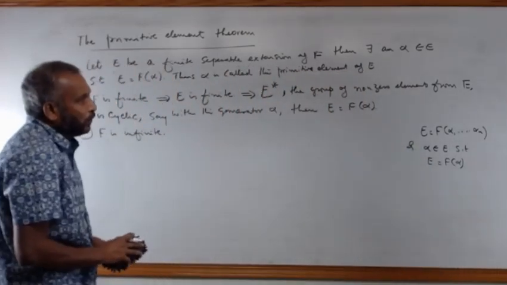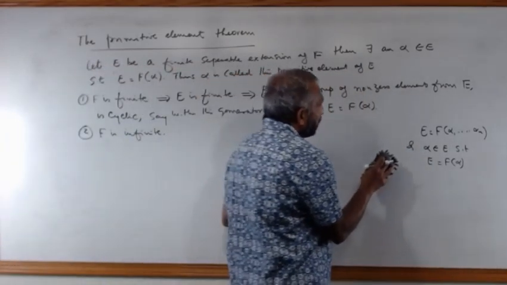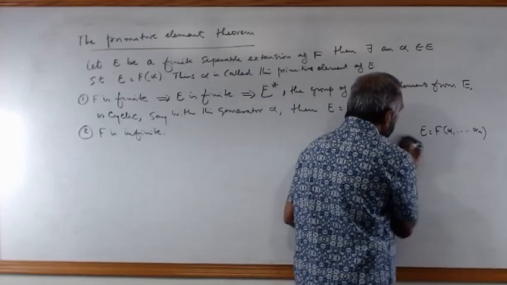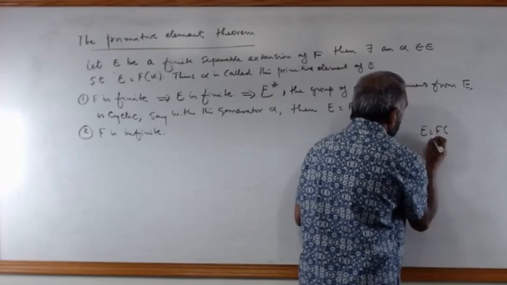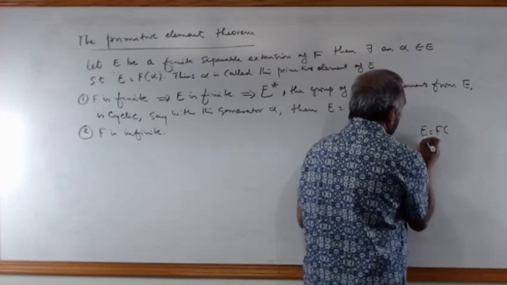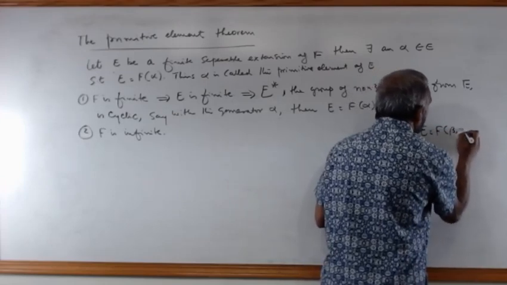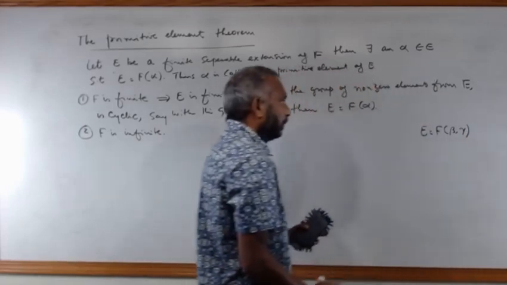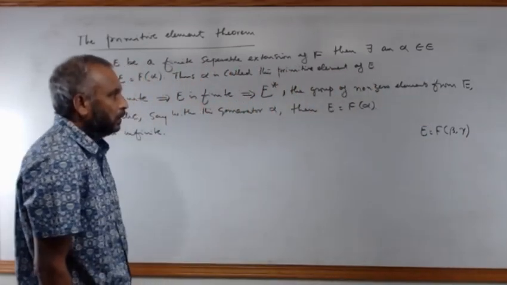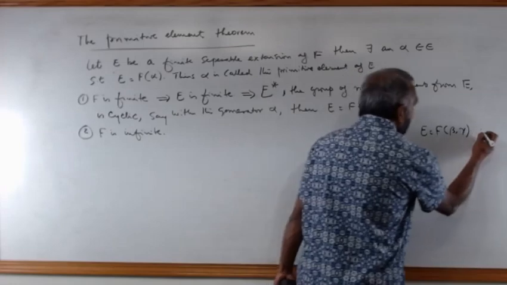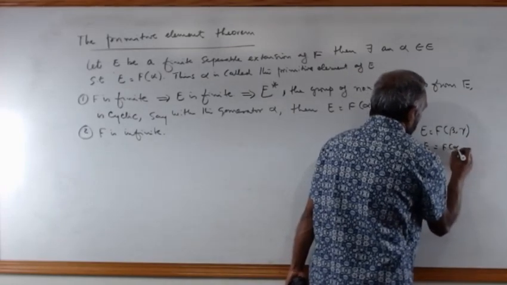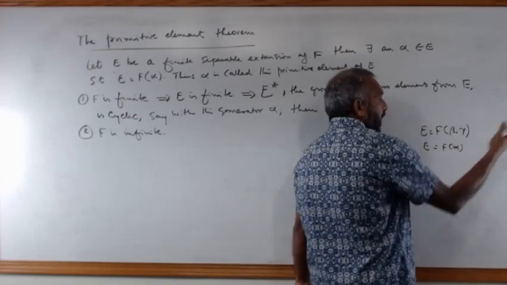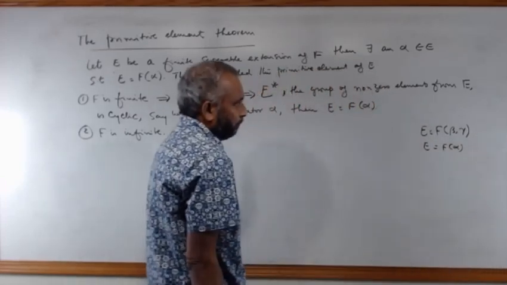So instead of taking n elements, we'll assume that there are two elements. Let E is equal to F of beta comma gamma. Then we are going to find an alpha such that E is equal to F of alpha. And you can extend it a number of times.